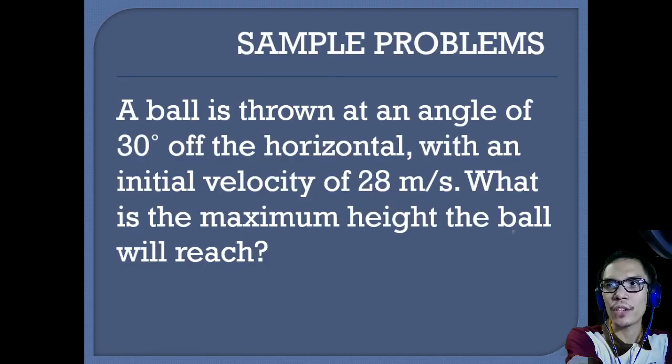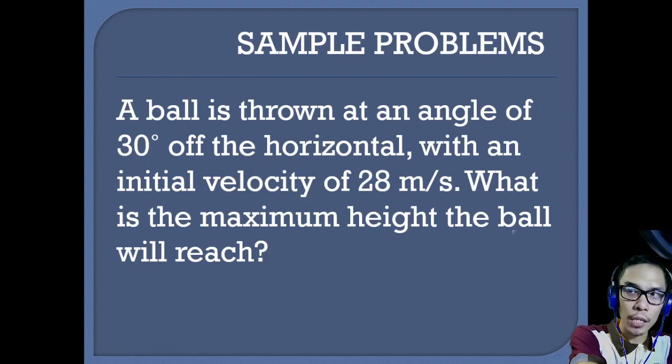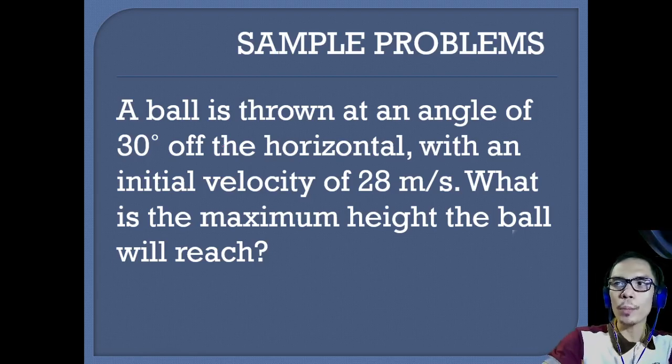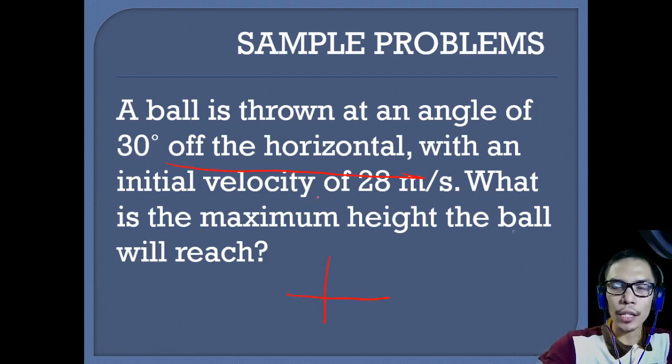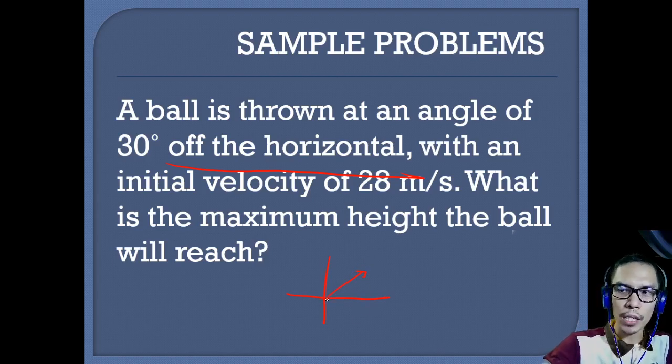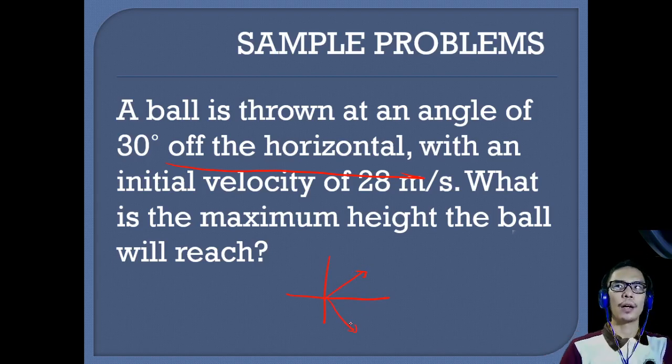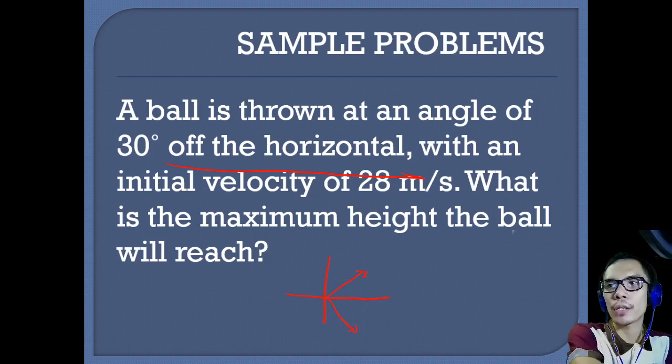There you go. Now let's revisit the problem to see what things we have here. Angle of 30 degrees off the horizontal. Now, what do you mean by off the horizontal? If this is your Cartesian plane, this is the horizontal, and this is above the horizontal. Otherwise, below horizontal.